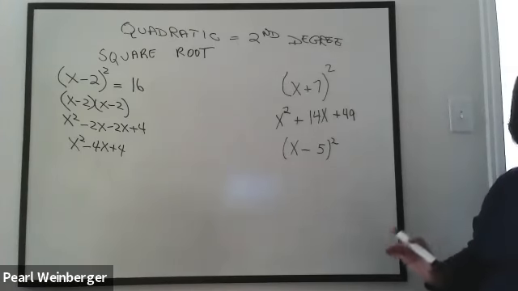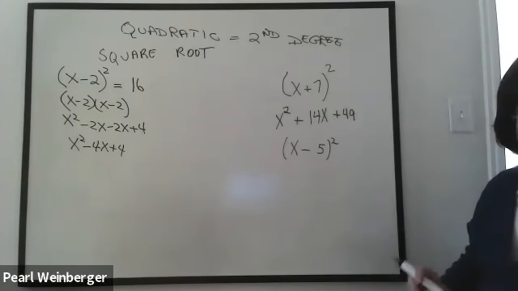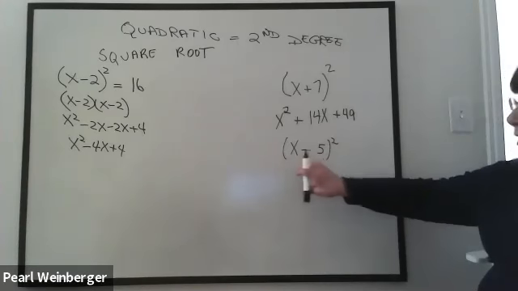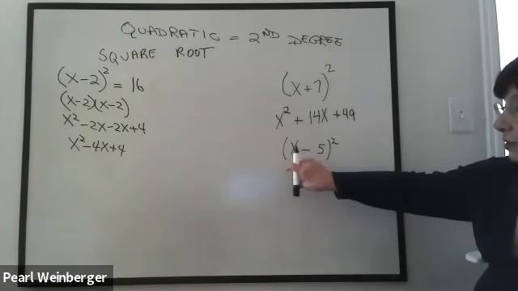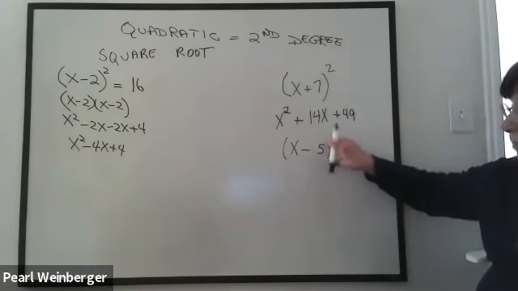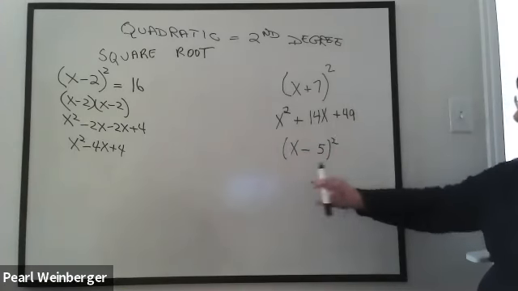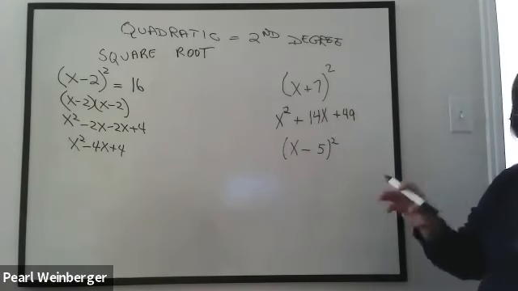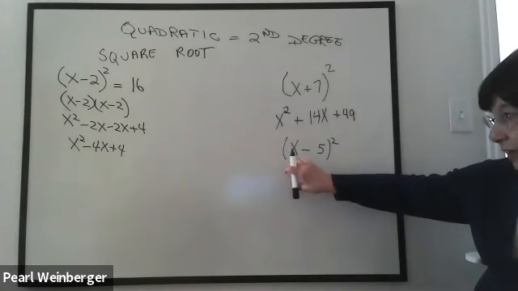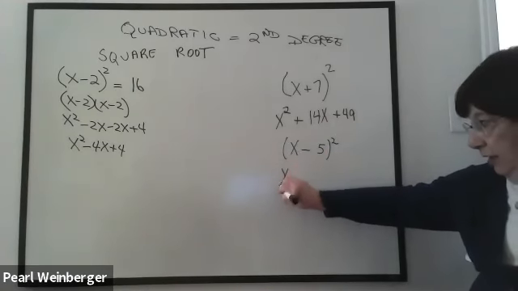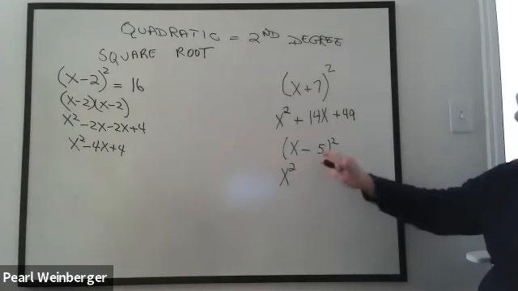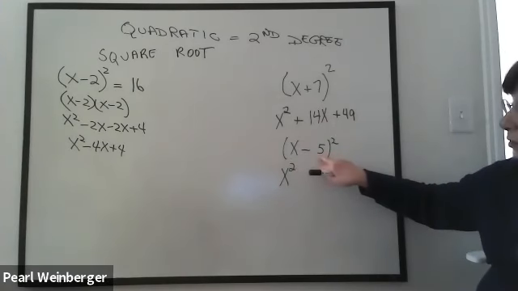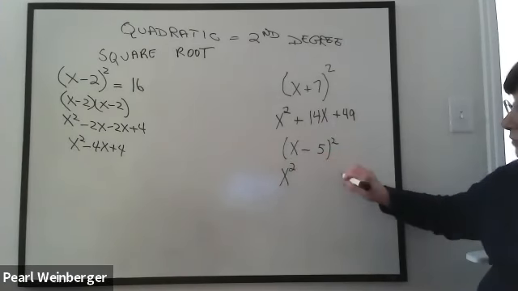Okay, I think we should do it together now quickly and remember the procedure. The x minus 5 binomial squared means we're going to end up with three terms. The first term is going to be the x times the x, which is going to give me the x squared. The last term is going to be the -5 times the -5, which is plus 25.